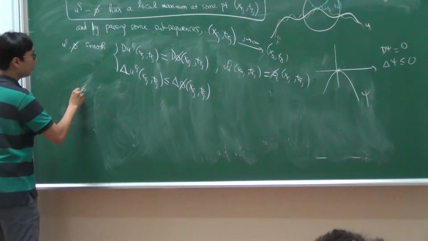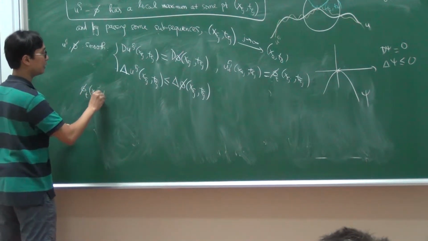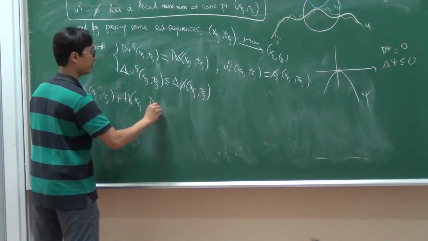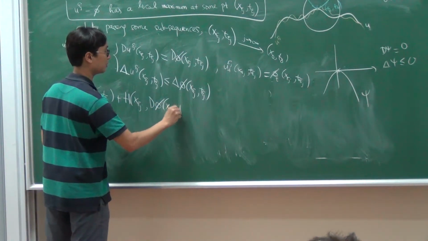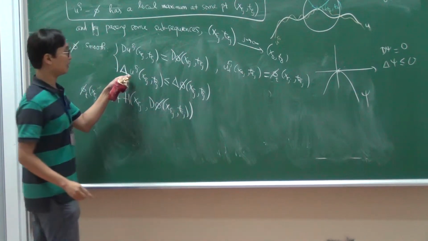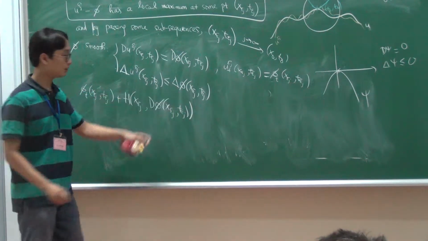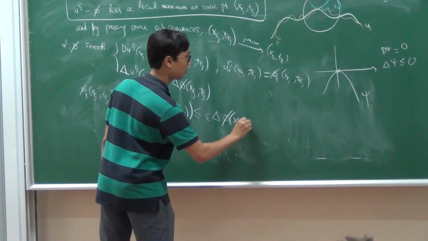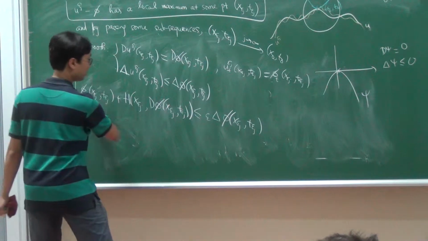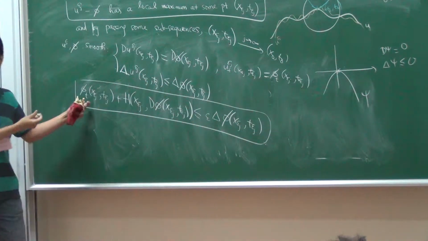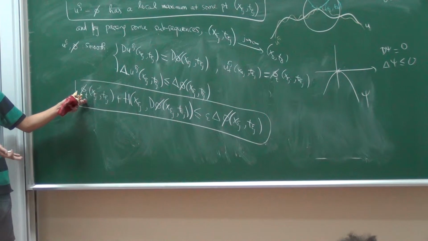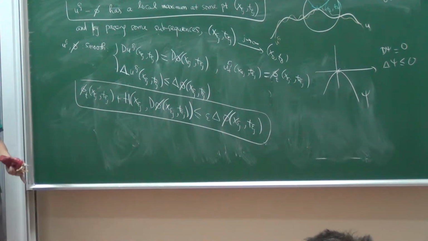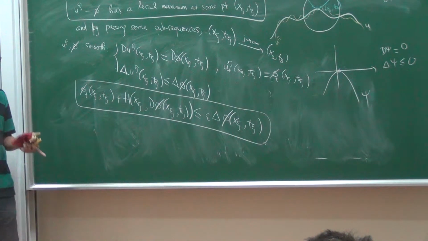I have φ_t at (x_εj, t_εj), plus H(x_εj, ∇φ(x_εj, t_εj)). Now the Laplacian term is less than or equal to the Laplacian of φ times ε. Isn't it amazing? Now we have the test function. We kick everything to the test function, and the test function is smooth, it's nice.